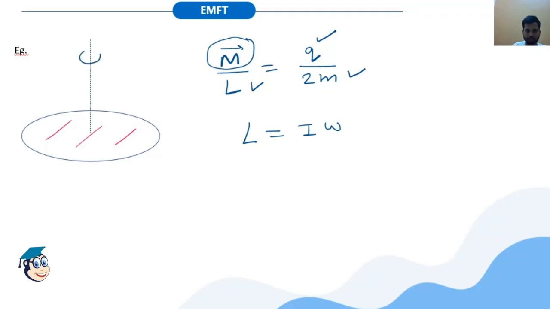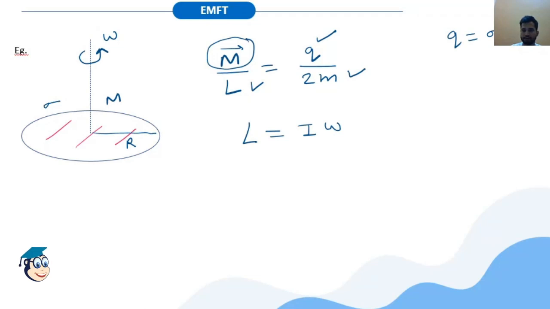In this question we were given that this body is rotating with angular velocity omega, and it has mass m, radius r, and charge density sigma. If you know the charge density sigma, then Q can be calculated as sigma times pi r square.